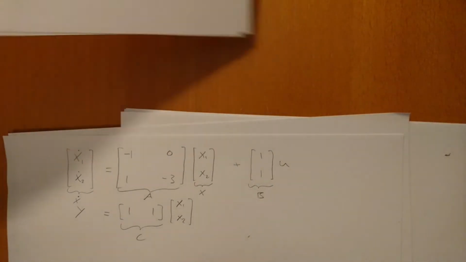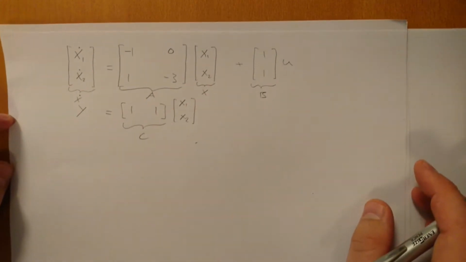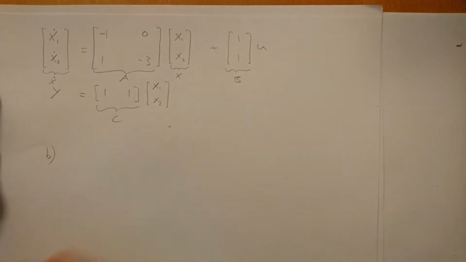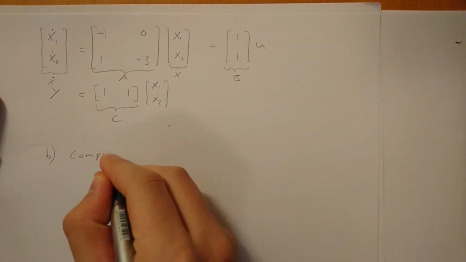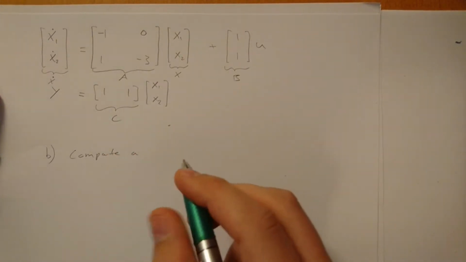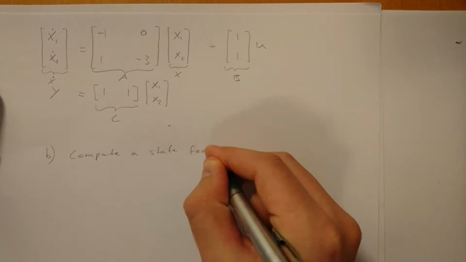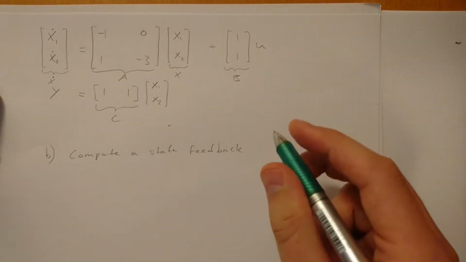Cool. Now we're going to move on to exercise B. So what are we going to do here? We're going to compute a state feedback such that what?